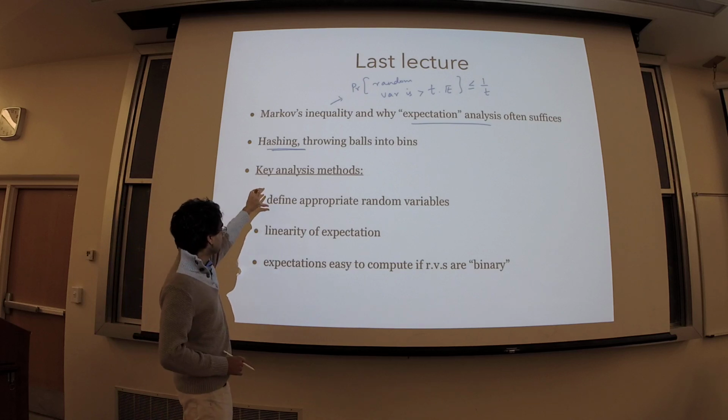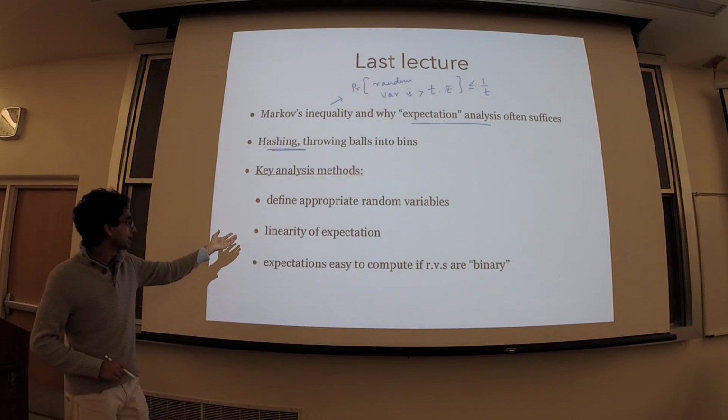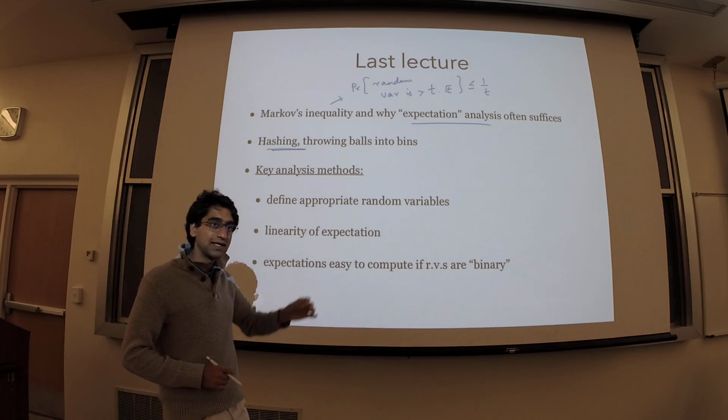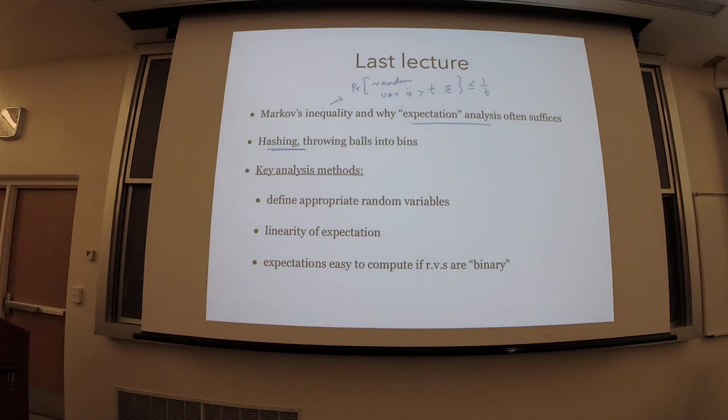That's something we saw first examples of last time, and then we said that the expected value satisfies this linearity property, which is that the expectation of a sum is the sum of the expectations. This is again something that's very useful in analyzing that.